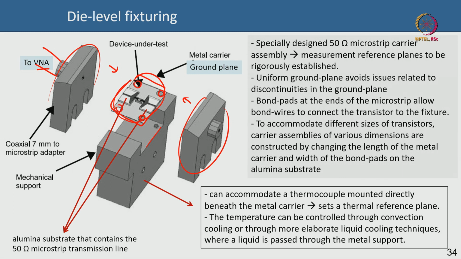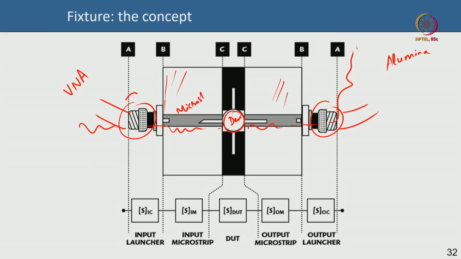You are going to bolt them down, and these white areas are again alumina that provides a low loss platform for these microstrip lines. Can you see these microstrip lines coming in? And so this SMA connector is going to connect to this microstrip line. So there is an SMA connector to microstrip line connection interface.